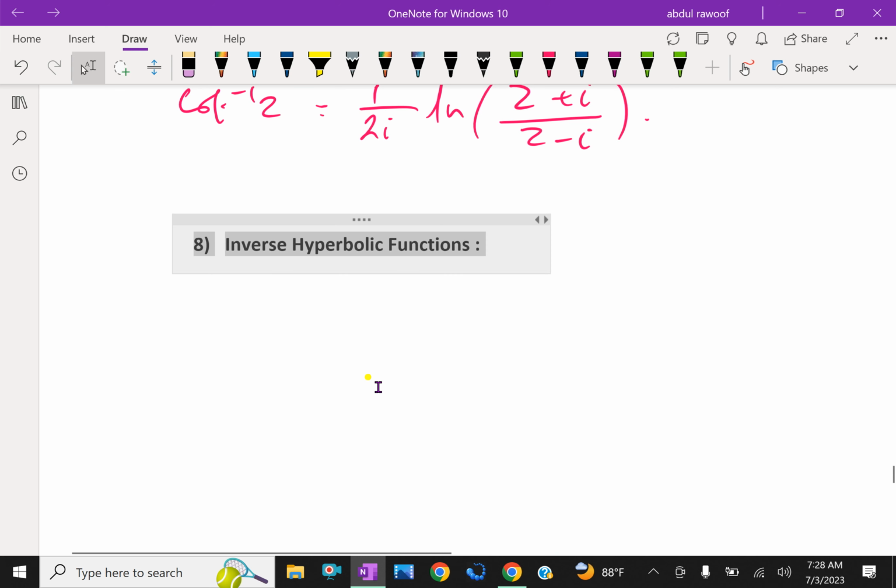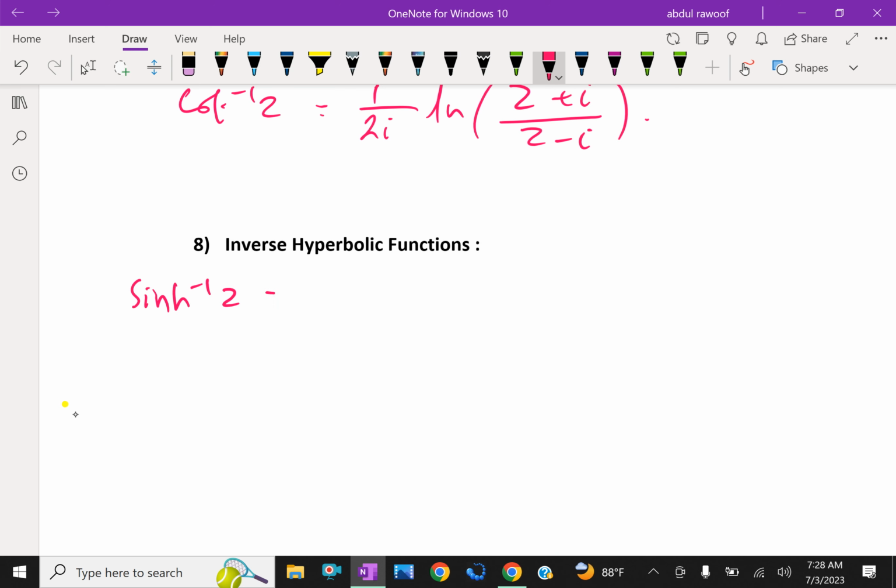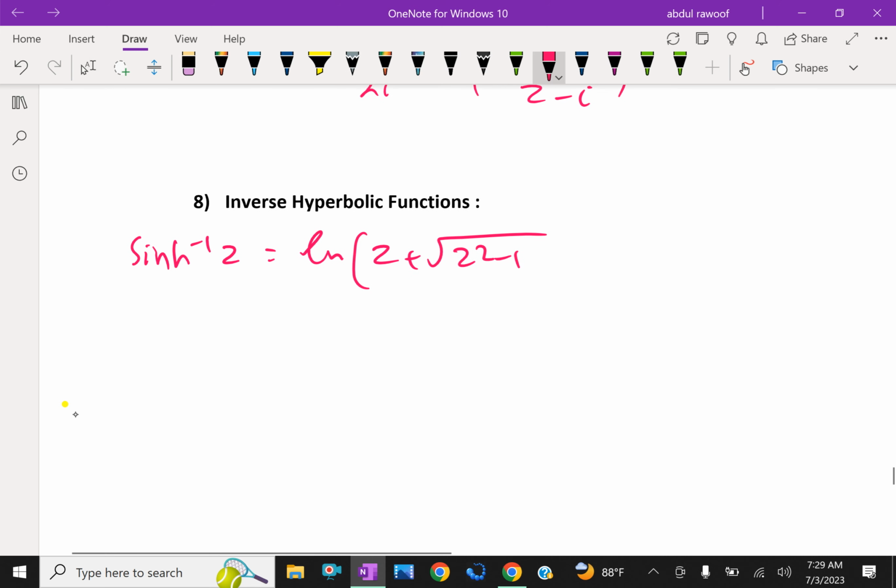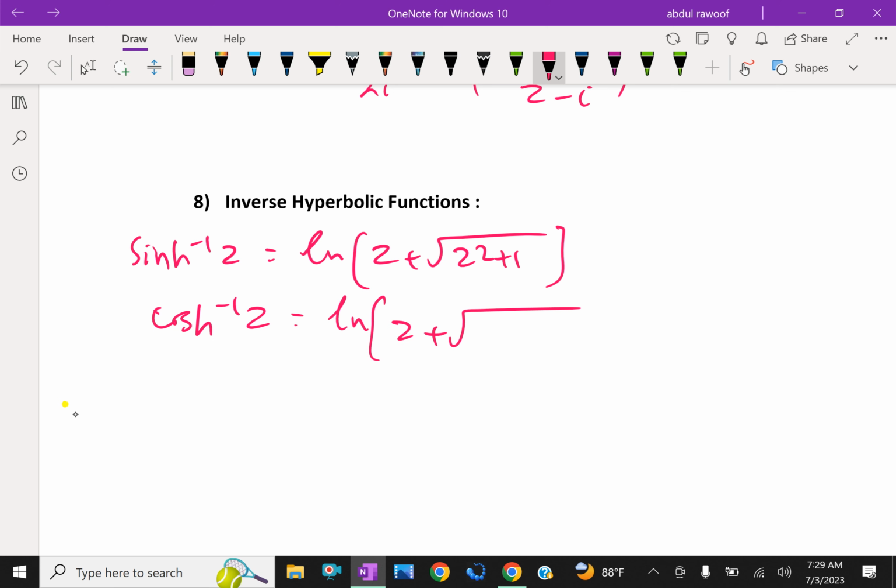For this, same, sinh inverse z equals ln of z plus square root of z square plus 1. cosh inverse z equals ln of z plus square root of z square minus 1.